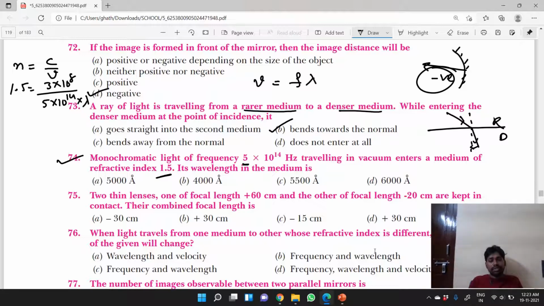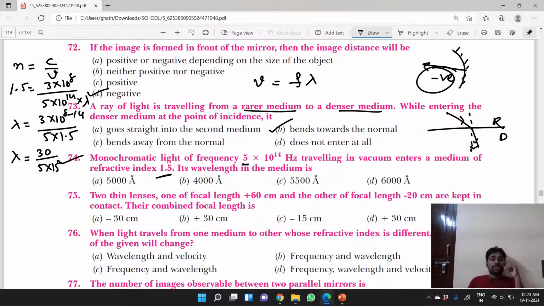Bring this 1.5 here, so that lambda is equal to 3 into 10 to the power of 8 minus 14 plus 14 will become minus 14 by 5 into 1.5. So lambda is equal to, you can write as 30 by 5 into 15, this is 1.5 by 10, we can write.